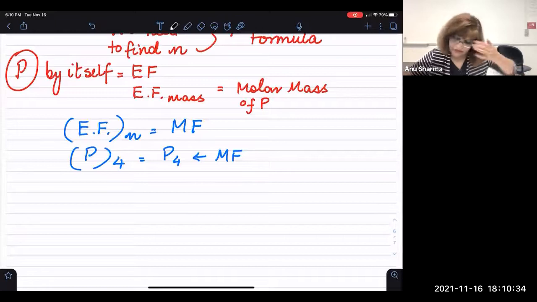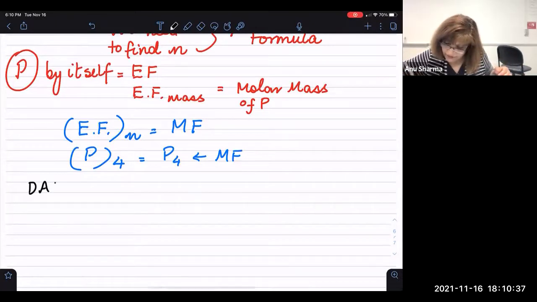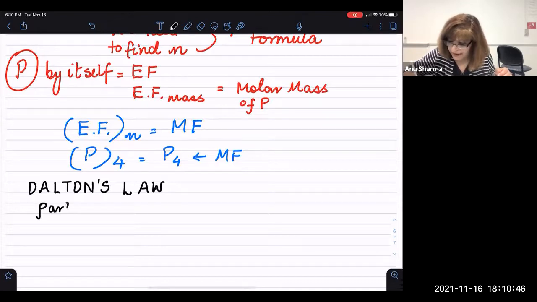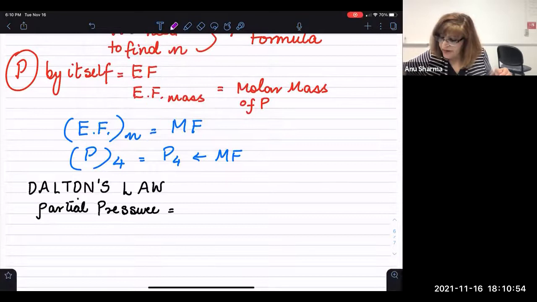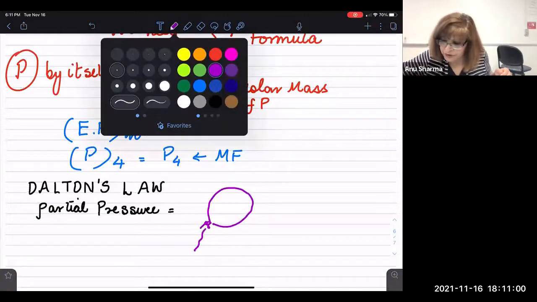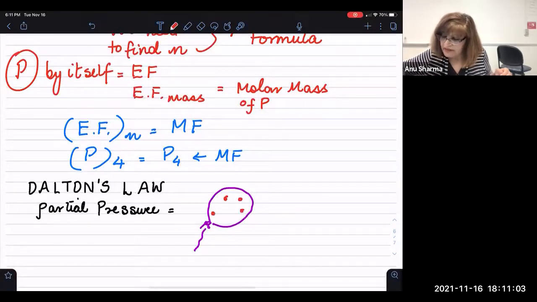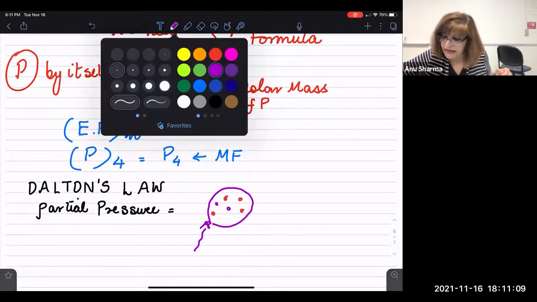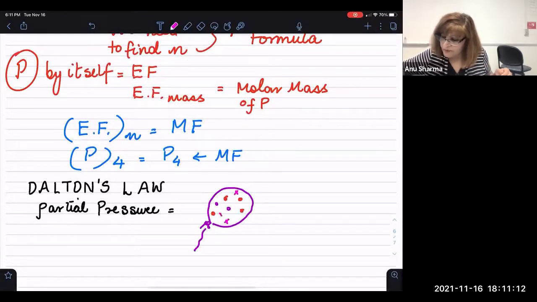Anyways, now let's look at Dalton's law of partial pressures. He said that when you take a mixture of gases, every gas has its own identity, and so it exerts its own very specific pressure, which is very unique to that gas. It depends on the mass of the gas, whether it's a molecular gas or an atomic gas, what it is made up of, the weight of that gas, how fast it moves, the composition of that gas.